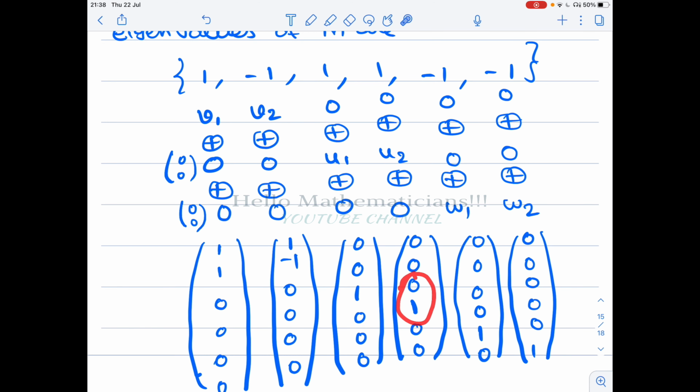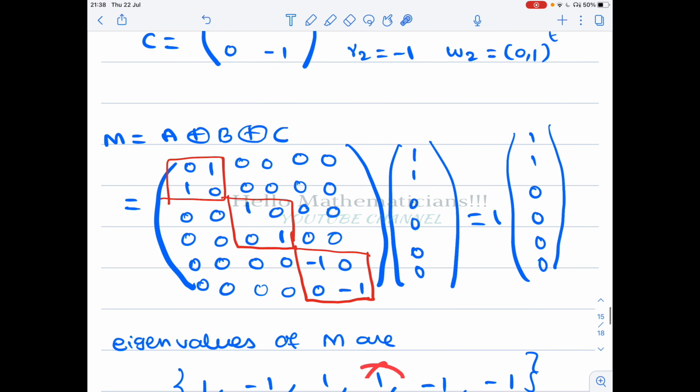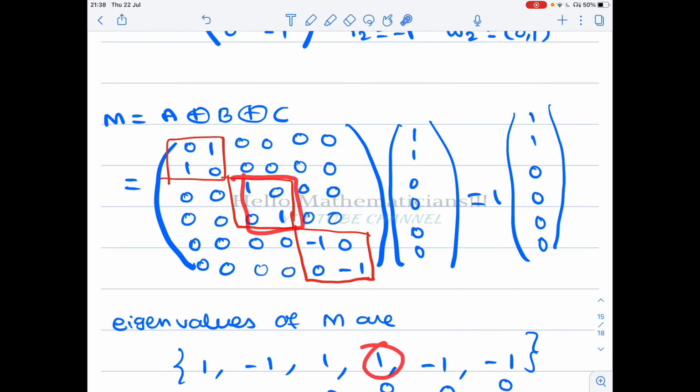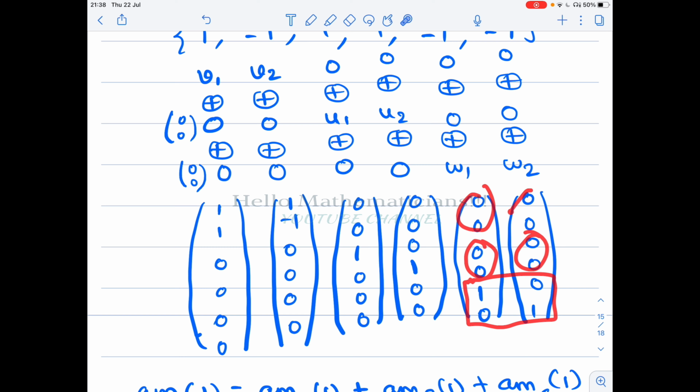Again, (0, 1) is an eigenvector for this block too. Therefore, for the second block we keep the other entries 0 and put the eigenvectors only in the second place. Similarly, we put the eigenvectors of the third block in the third two places, and the first two places and second two places are 0.